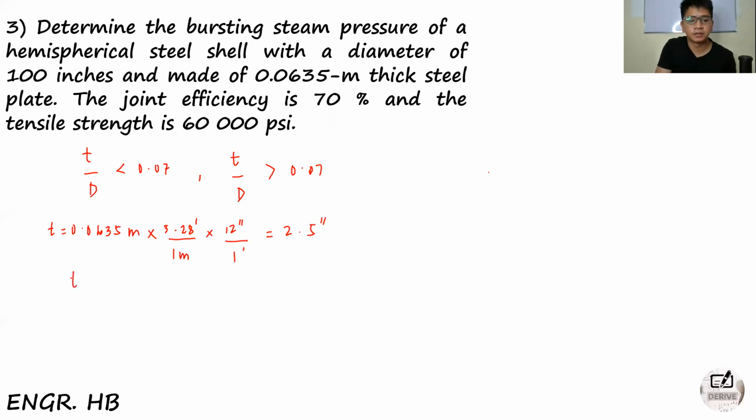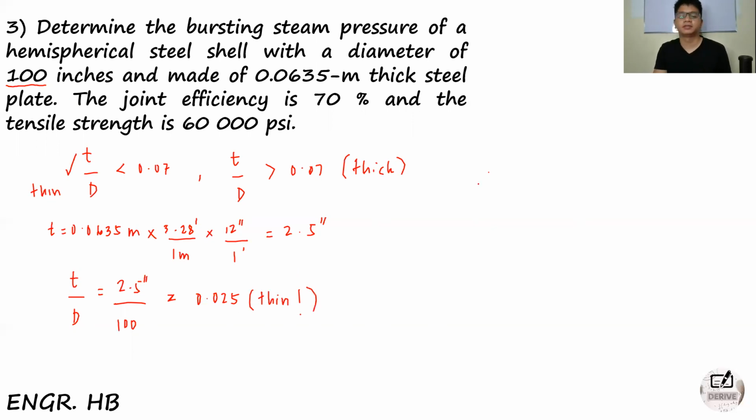So the ratio T over D is 2.5 over, nasa ng diameter natin dyan? Nagsabi diameter po 100 inches. 2.5 divide 100 and that will be 0.025. So matic, it is less than 0.07, so it is thin walled.